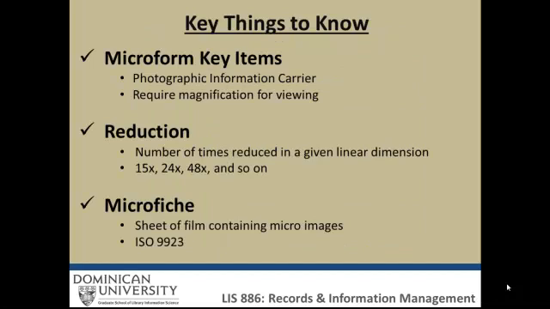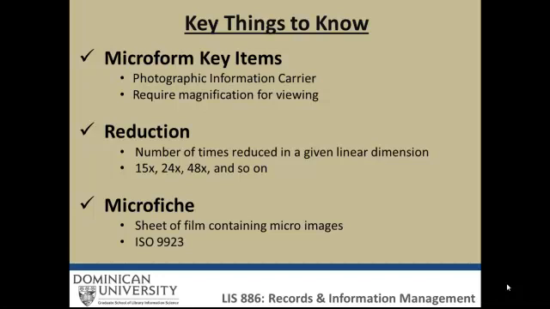Okay, so the key things to know are on the screen right now. With microforms, just know that they're a photographic information carrier and they require magnification for view. So you're going to have some kind of reader that's going to allow you to see the microforms. When it comes to reduction, just know that it's the number of times that a microform or microfilm is reduced given a linear dimension.